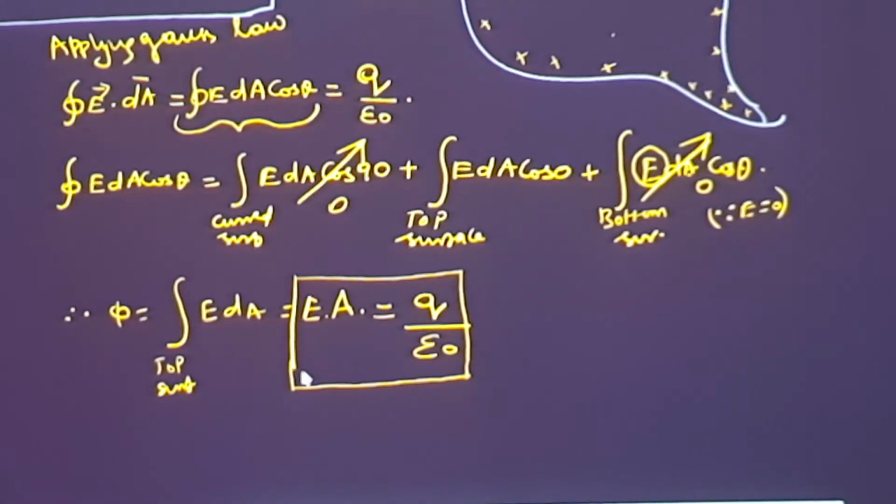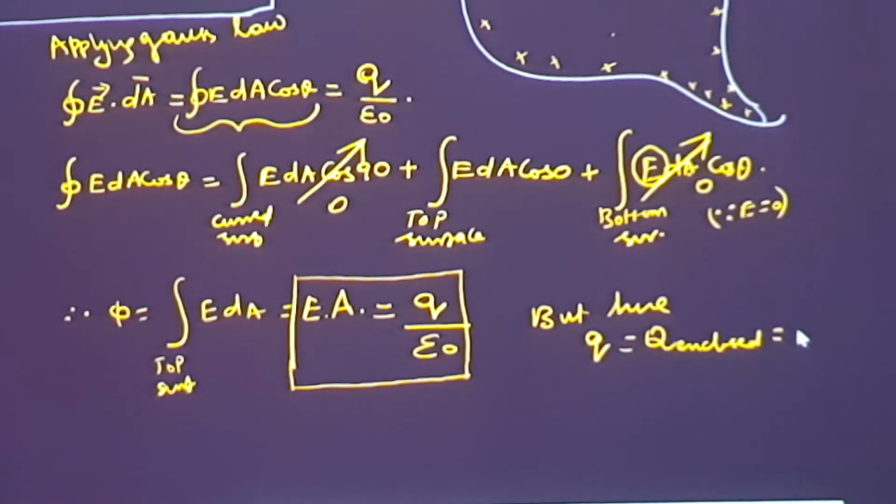Now you see, what is this Q? Here Q is the charge enclosed inside the Gaussian surface. How can I calculate the charge enclosed for the given Gaussian surface?